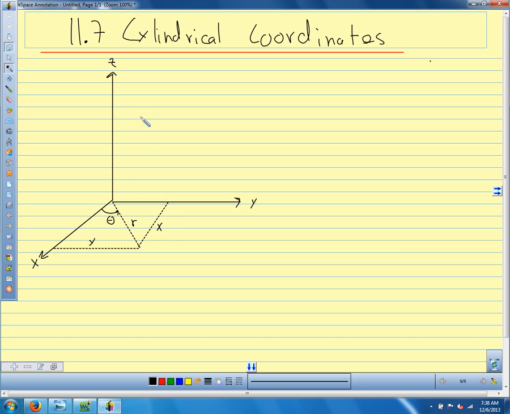And if we have a point up here, somewhere above the xy plane, and we draw our dotted line up to that point, there's my point in space. We call this point in rectangular coordinates xyz. The length of this is z.